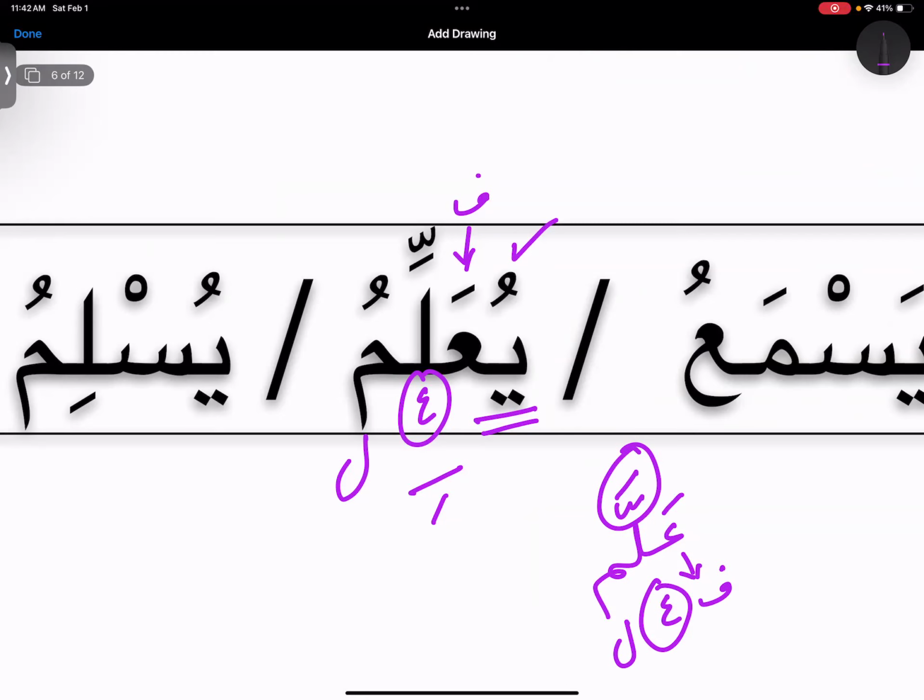Over here it was a fatha, but in mudariya it will take a kasra. And this is forever, for every verb.